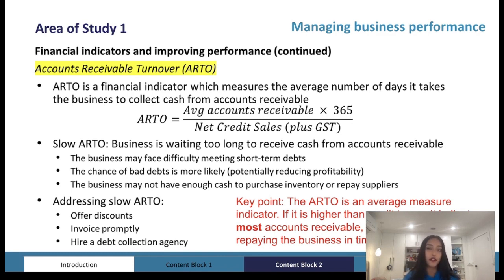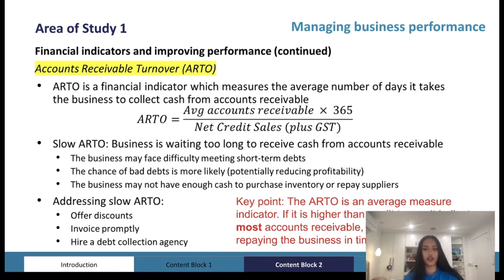And they can do this by offering discounts to their accounts receivable to incentivize the customers to pay quicker. They could send invoices promptly, so send invoices immediately and send reminder notices regularly so that the customer can't forget about the amount that they owe. And they could also hire a debt collection agency.